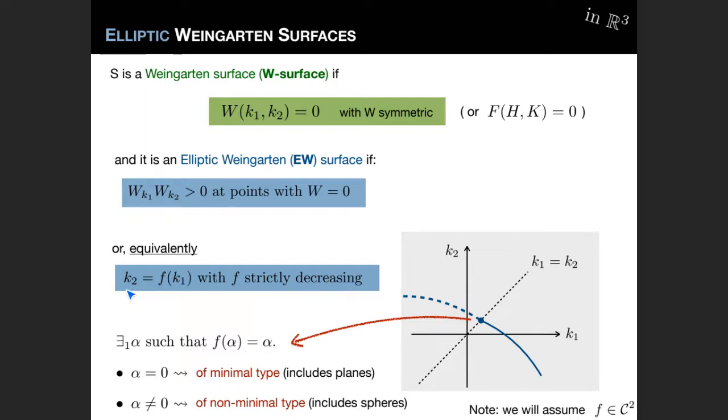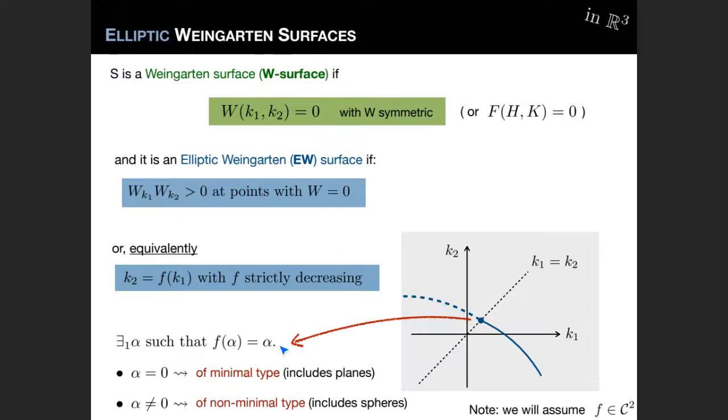One of the principal curvatures is a strictly decreasing function of the other. And remember that we have two different types. We have elliptic Weingarten surfaces of minimal type if this alpha, the umbilical constant, is 0, and non-minimal type if it is non-zero.